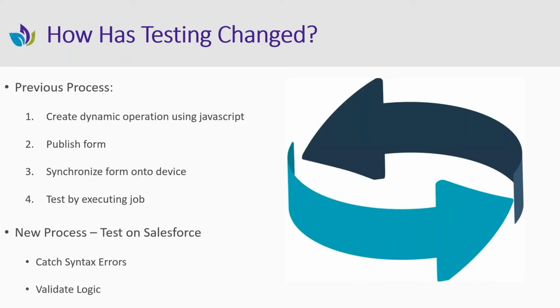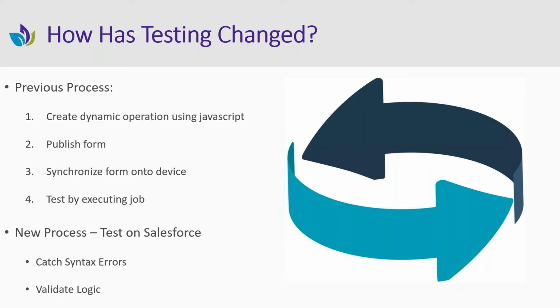So now we'll look at how the testing has changed with the new version. Whoever's been using dynamic operations will know the testing process has been quite cumbersome in the past. You would first create your dynamic operation using JavaScript on the form in the question.